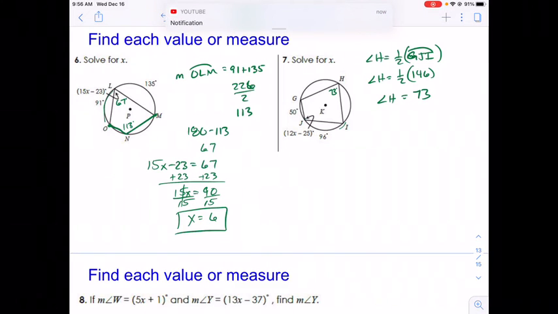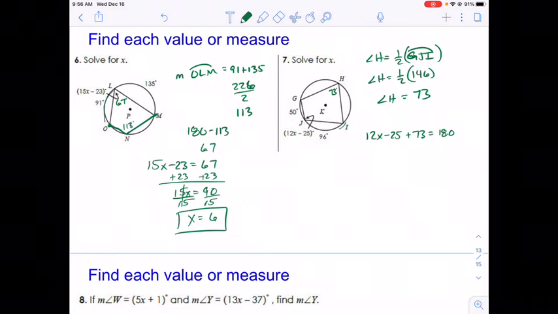All right, so our next step here, we're going to find out what this angle is. You can do it a couple ways. You can make a whole equation here, adding 12x minus 25 plus 73 equal to 180. Or you could have just figured out what this angle was, which would have been 107. But we can do the math anyway here.